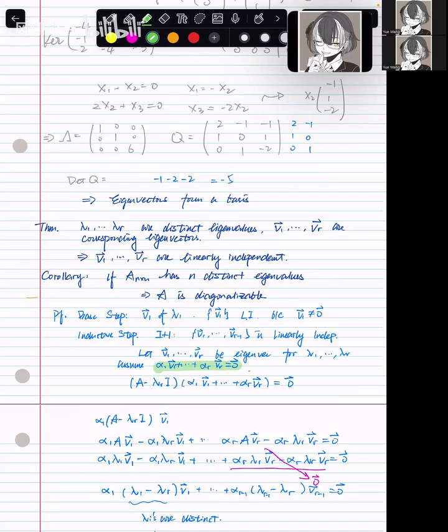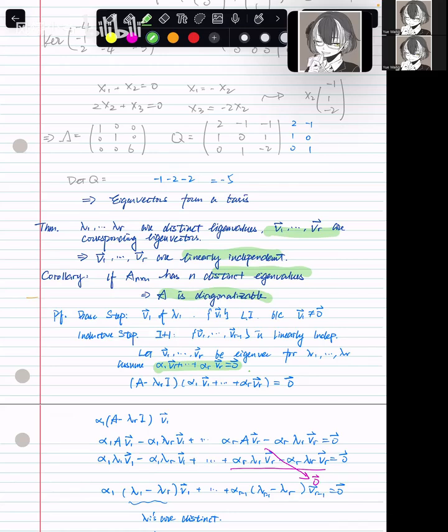And there is a corollary saying if an n by n matrix has n distinct eigenvalues, then it is diagonalizable. So if A has n distinct eigenvalues, that means v1 through vn are linearly independent. And we know that if an n by n matrix has n linearly independent vectors, then they span the space Rn.